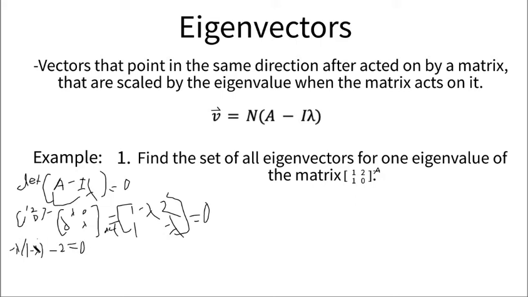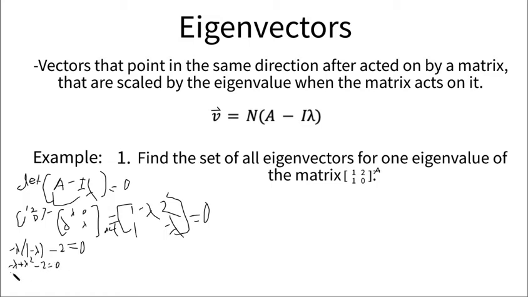And then we just distribute this. It's equal to negative lambda plus, the negatives cancel out, lambda squared, minus 2 equals 0. So now we just solve this quadratic.